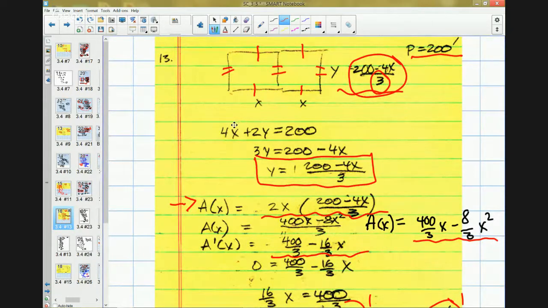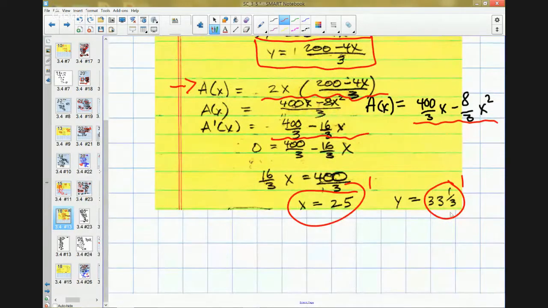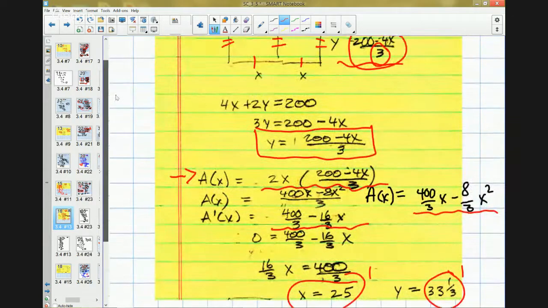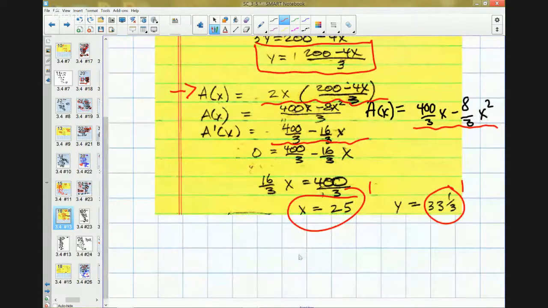It says what dimensions should be used. Each pen would be what I've got down here, 25 feet by 33 1/3. If you look at the whole thing together, it's 50 feet by 33 1/3. So that is number 13.